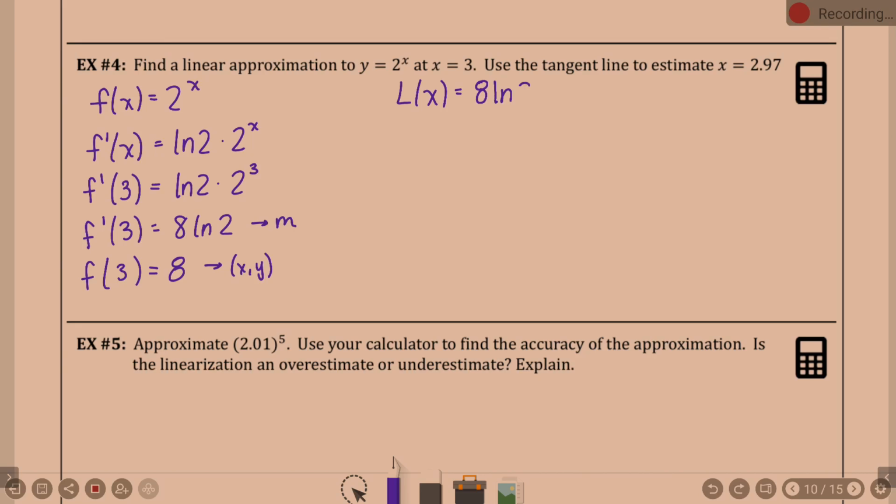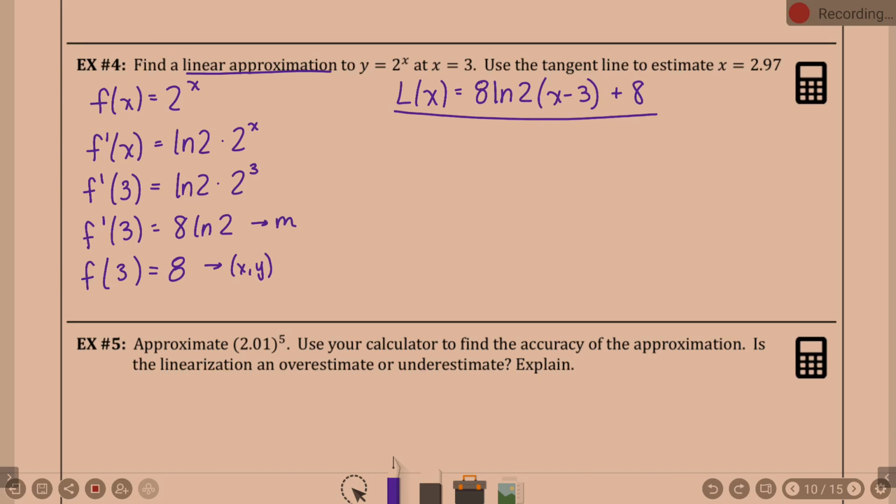So 8 natural log 2 parentheses x minus 3, ending parentheses, plus 8. Doesn't need to be in parentheses the way it is right there. It can just say plus 8. So right there is our linear approximation. Yes?